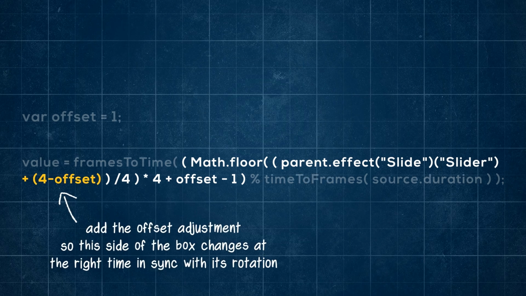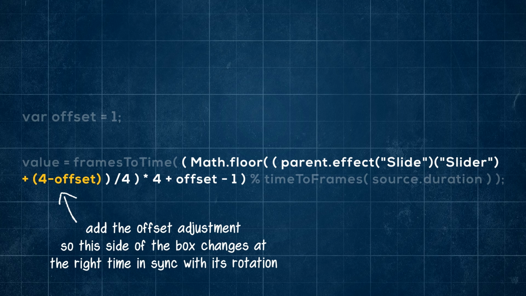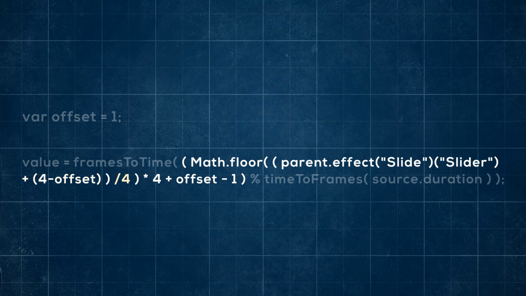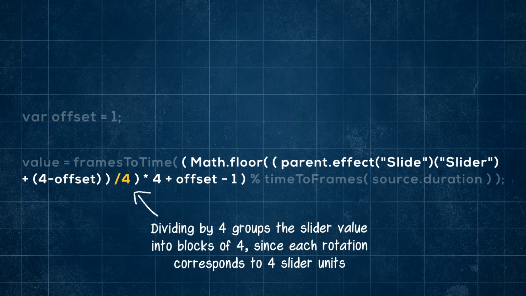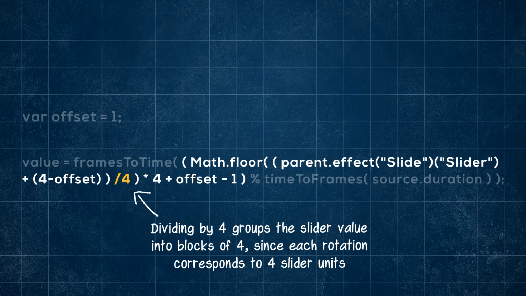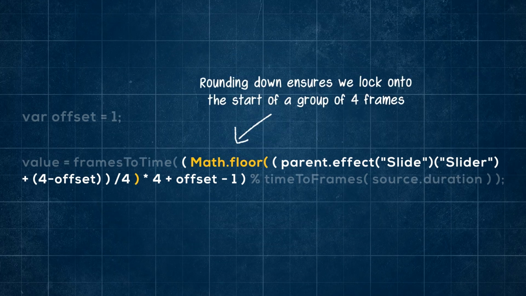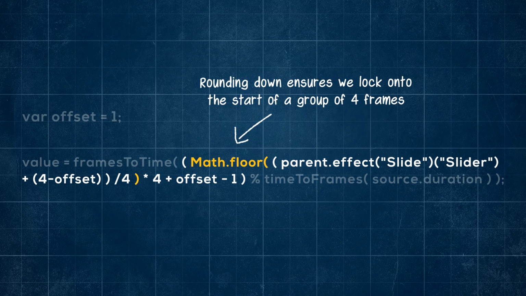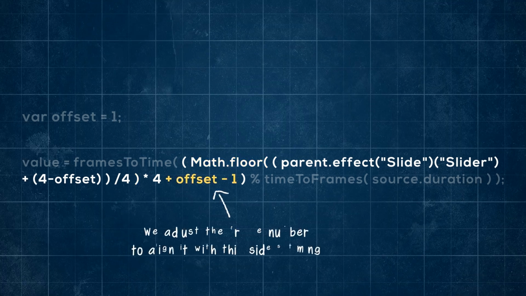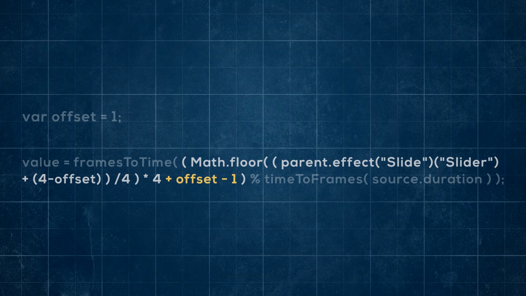We add the offset adjustment so this side of a box changes at the right time in sync with its rotation. Dividing by 4 groups the slider value into blocks of 4, since each rotation corresponds to 4 slider units. Rounding down ensures we lock onto the start of a group of 4 frames. Finally, we adjust the frame number to align it with this side's timing.